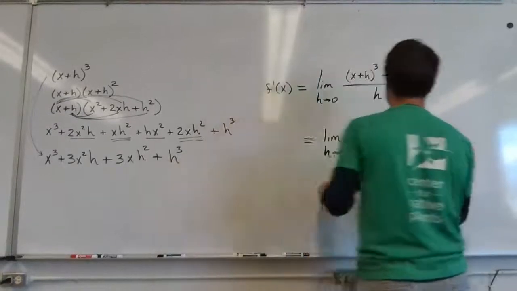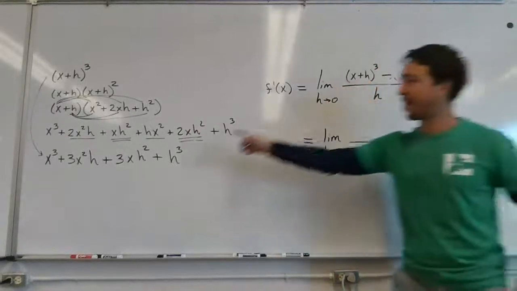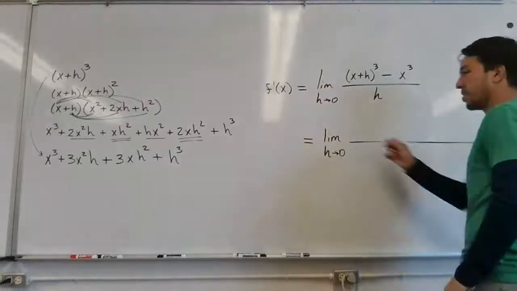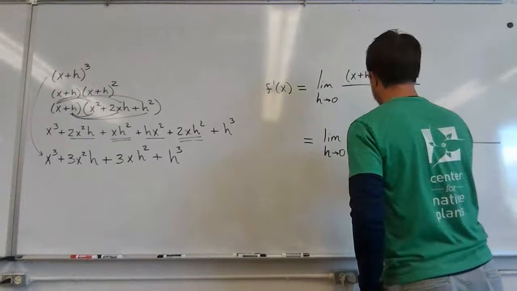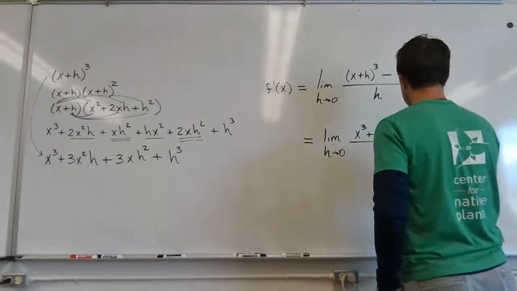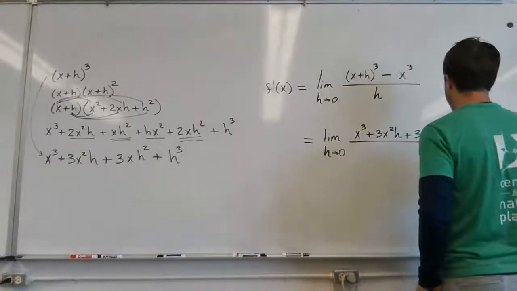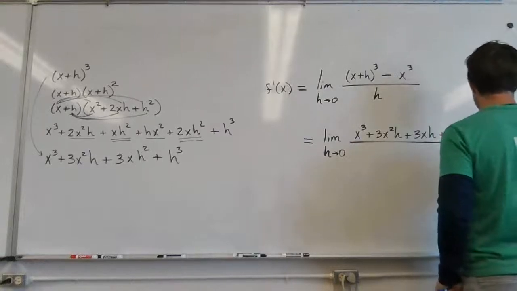Okie dokie. Now this is nice. We've established already that this can be written like this. So it's going to be kind of a long quotient. X cubed plus... and these are very interesting, I think, if you know what you're looking for. Like Trey told us earlier what the derivative of x cubed was.